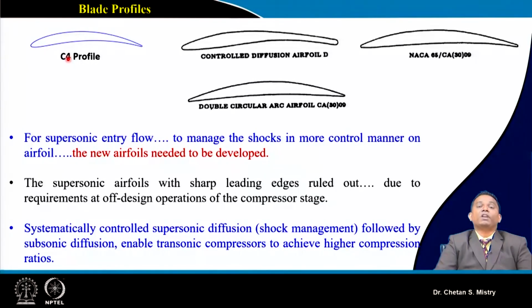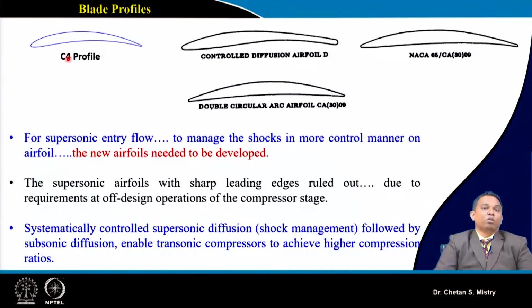So this sharp leading edge needs to be addressed. That is what demands curvature for the leading edge and trailing edge. Now how my flow behaves on the blade passage is very important.